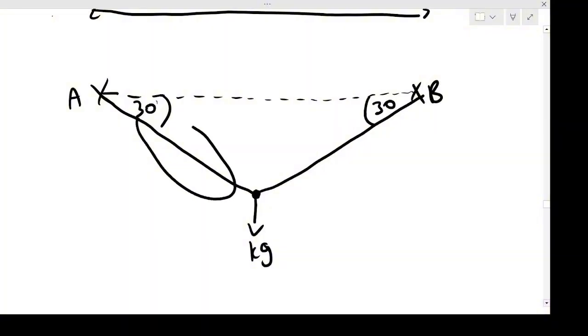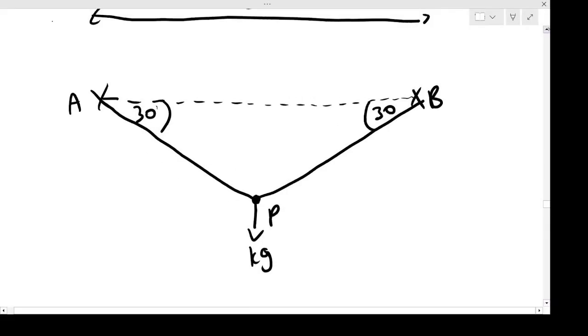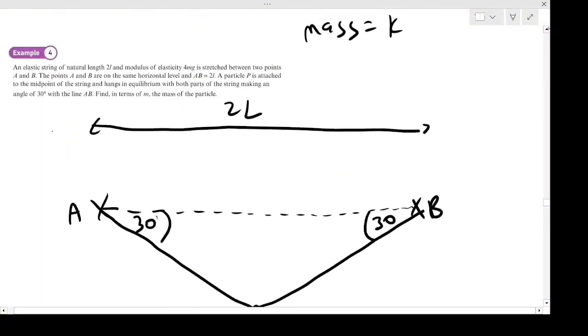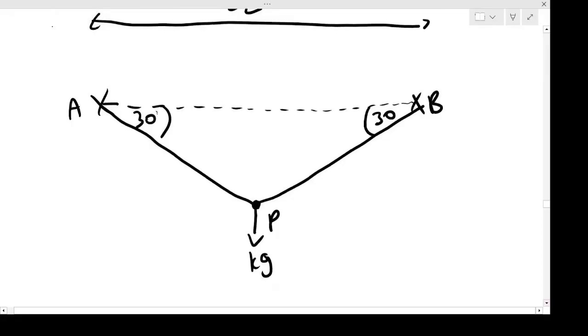The string is split into these two sides here. We've got the string AP and the string PB again. But what's special about this one is they're actually kind of equal because the particle is in the midpoint. Which means the tension force is going to act up the string here because the string is being stretched towards P down here.